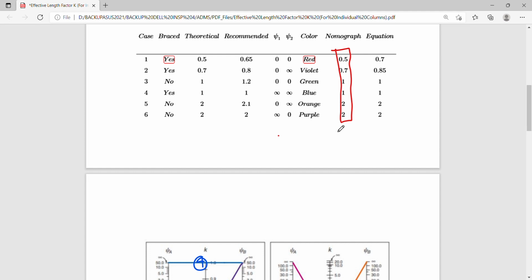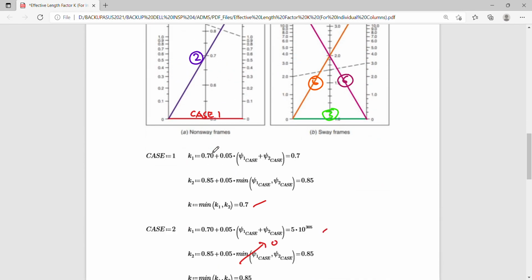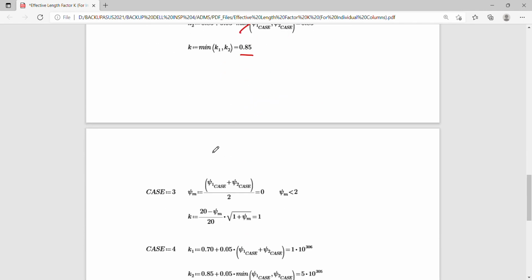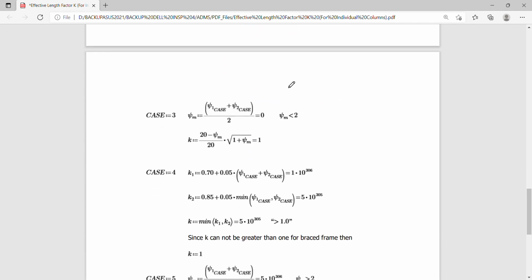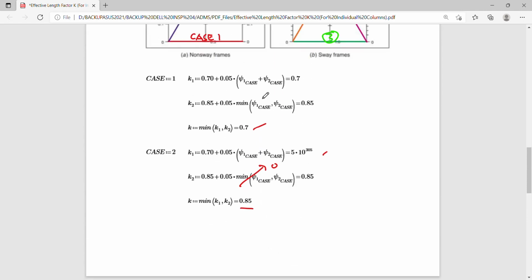For case 3, 4, 5, and 6, we have values of psi involving 0, 0, infinity, infinity, and 0, infinity, infinity, 0. So cases 3, 5, and 6 are actually unbraced. Okay, so case 3, 5, and 6 will be having the same formula, different from the formula we have on the first two cases.